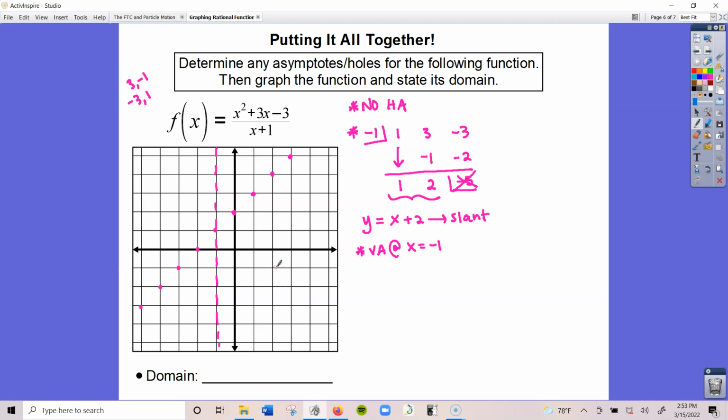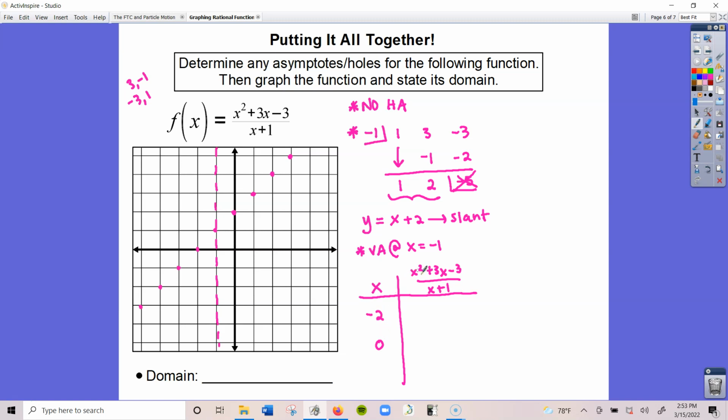Now I want to see whether my graph is going to land within the pockets or here on the outside. So I'm going to go ahead and create my table of values. So here this is the x squared plus 3x minus 3 over x plus 1. Since my vertical asymptote is at -1, I am going to choose to plot x is -2 and x is 0.